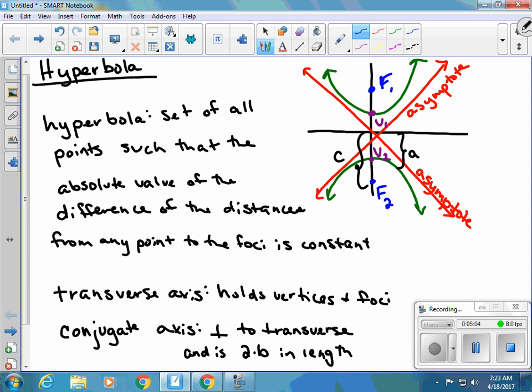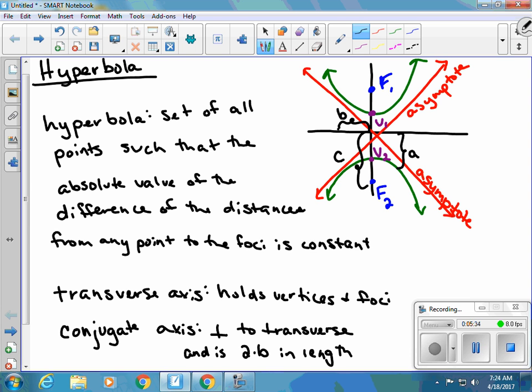Our center happens to be at 0, 0. So A is from your center to a vertex, and your C is from your center to one of your foci points. And your B, this is a distance that goes from here to here. This is your B, and that's your conjugate axis.